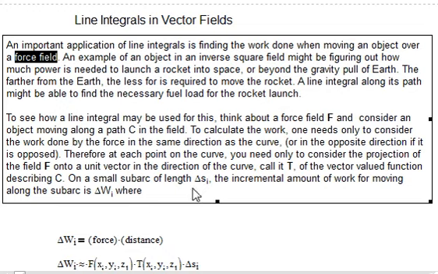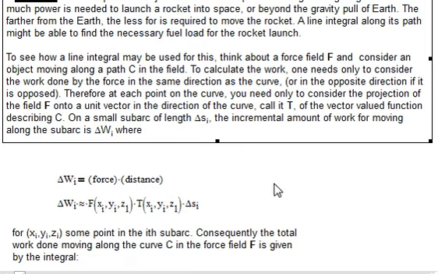So on a small subarc of length delta s_i, the incremental amount of work done for moving along that subarc is delta W_i, where delta W_i is force times distance, and that times, if you're dealing with vectors, is in fact the dot product.